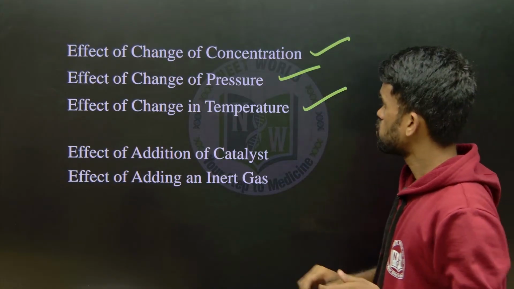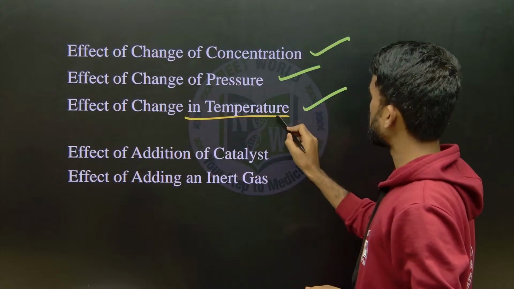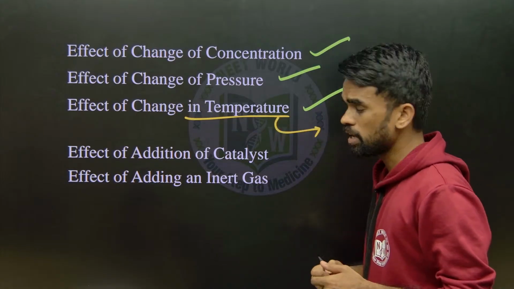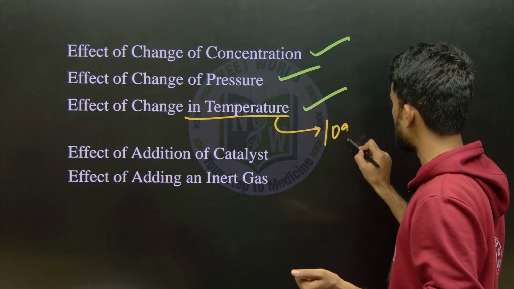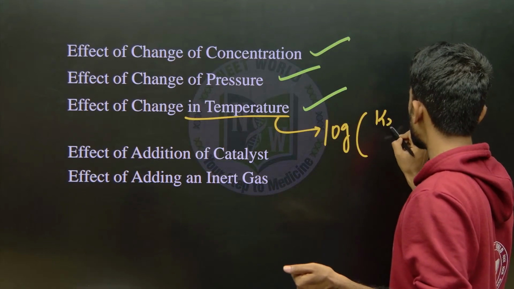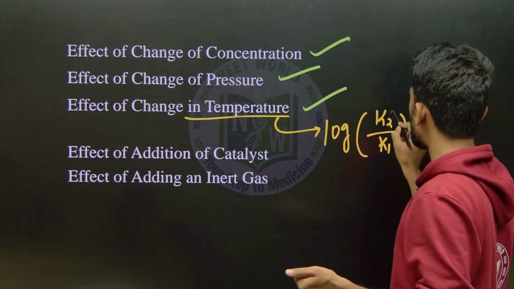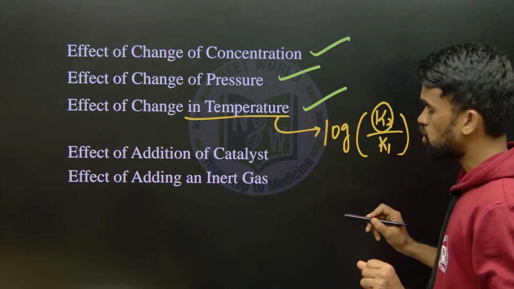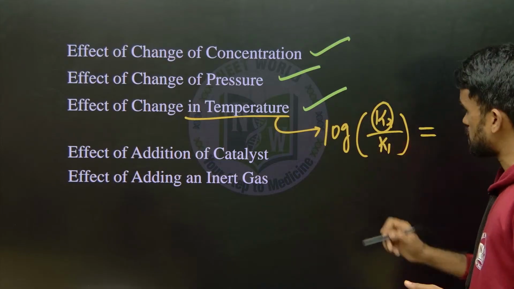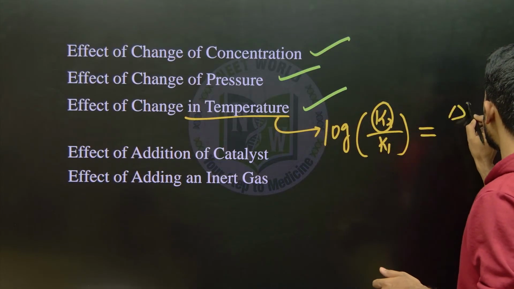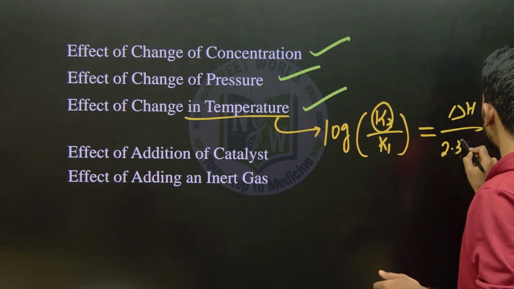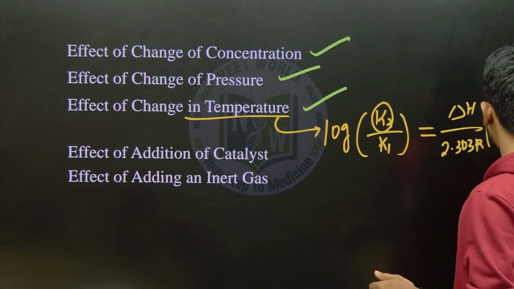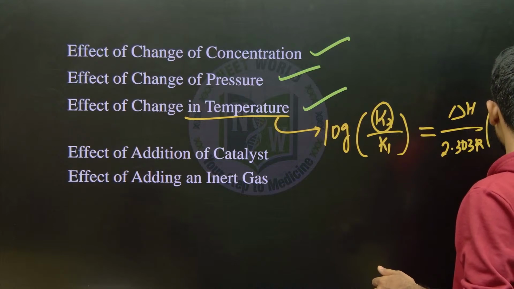For the effect of temperature, we have one equation. Exothermic and endothermic we have discussed. So log K2 by K1, where K2 is the equilibrium constant at temperature T2, is given as log K2 by K1 equals delta H by 2.303 R times (1 by T1 minus 1 by T2).